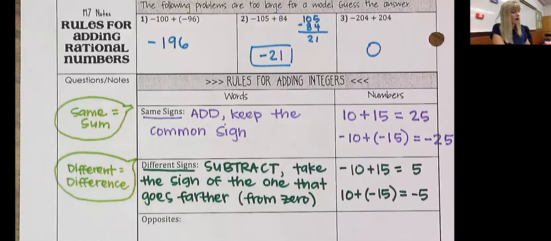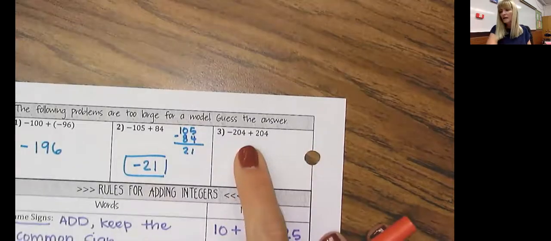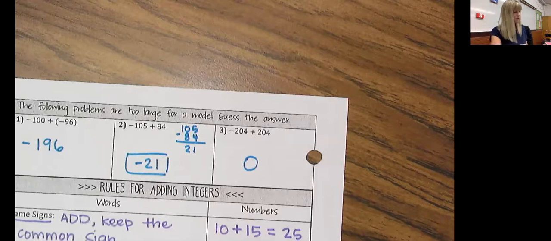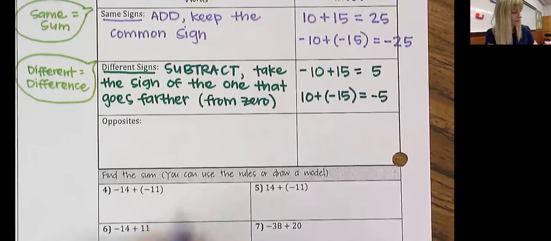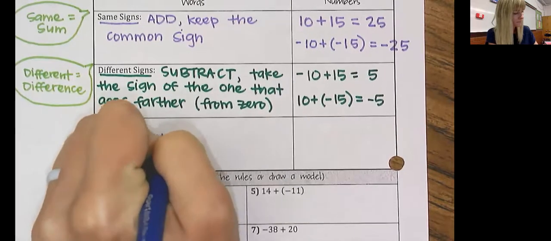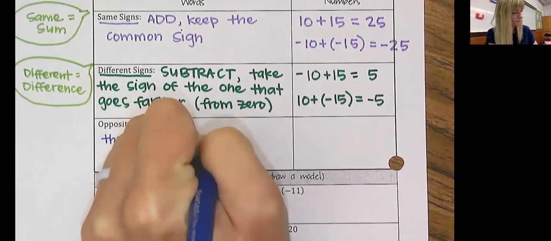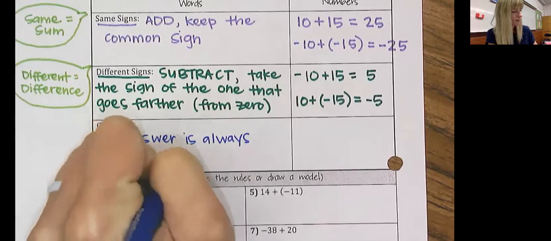Okay, now opposites, and this is just a simple one to keep in mind, because if you run into something that's opposites, you can simply remember that you don't have to add or subtract. The answer will always be 0. And I'll give you a couple of examples.